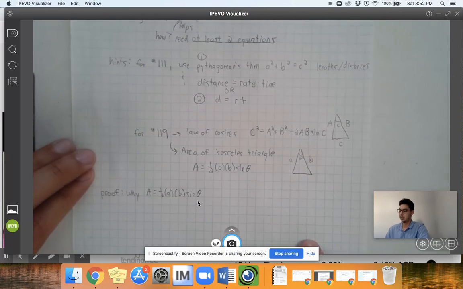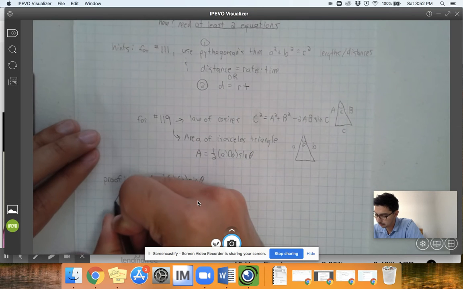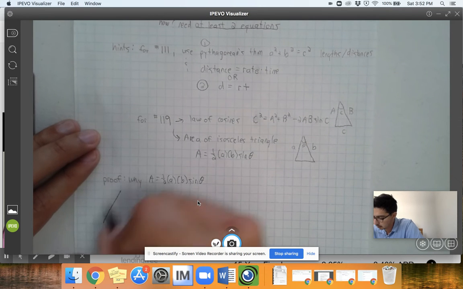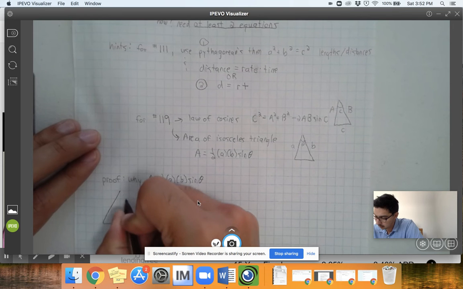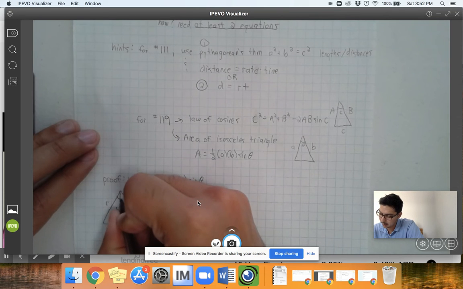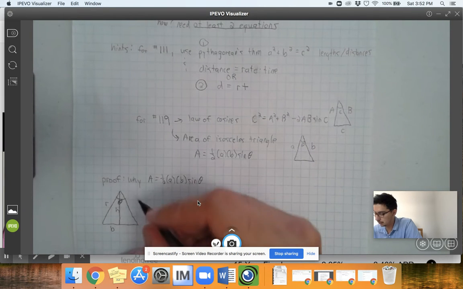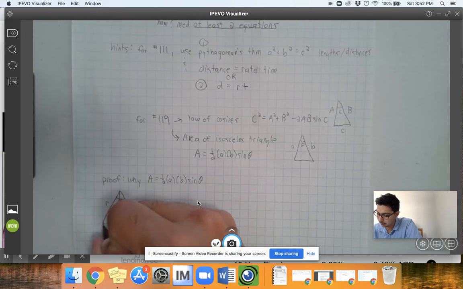Say we have an isosceles triangle like the following, and I'm just going to call this side R, a height h, and a base b, and this entire angle being theta. Now to get the area of that triangle, b is just the distance from here to here.